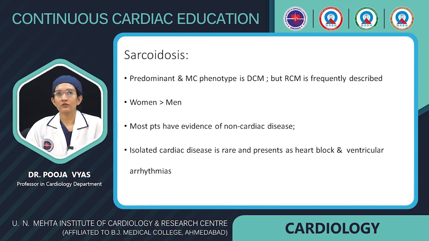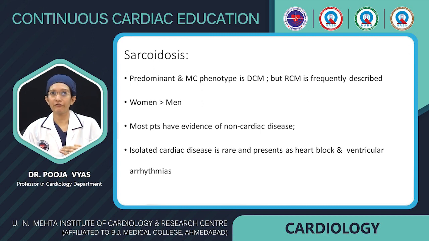Now we are going to the next disease, that is sarcoidosis. The most common phenotype of sarcoidosis is dilated cardiomyopathy, and restrictive cardiomyopathy is still frequently described.